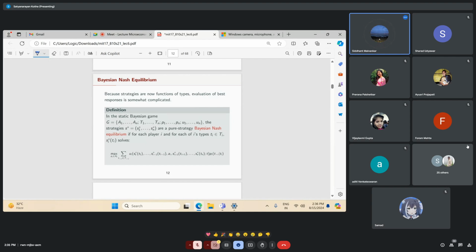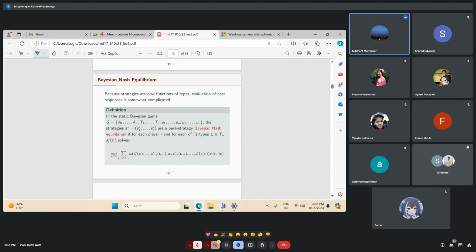Correct? Because you still don't have perfect information about the types also, because a type is again built by belief. So it's a perception. It's a preconceived term which you define for some type of the player.